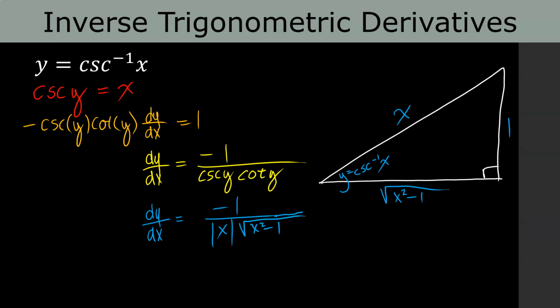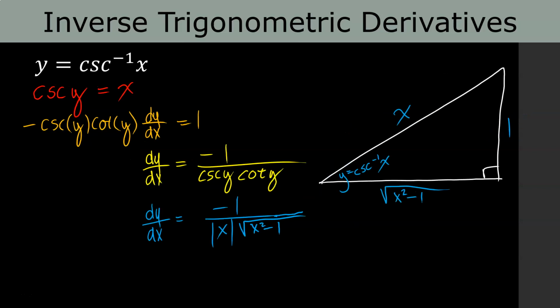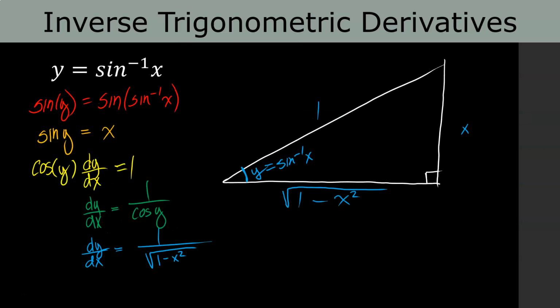Negative instantaneous rates of change. Slope of the tangent line is always negative. All right, so that should look awfully similar to the derivative of inverse secant. And then, let's see, inverse cosine has a derivative very, very similar to the derivative of inverse sine.